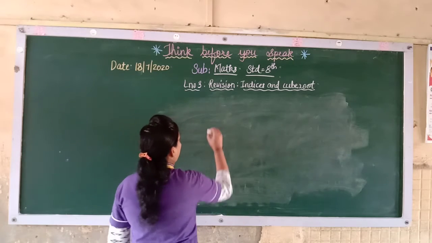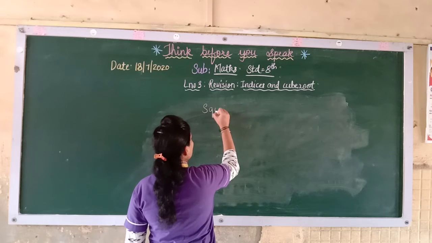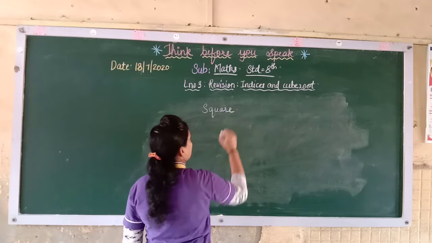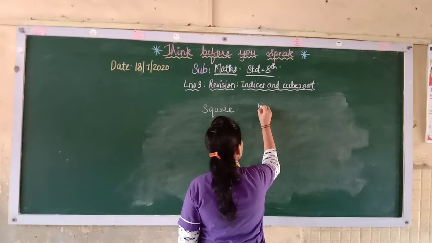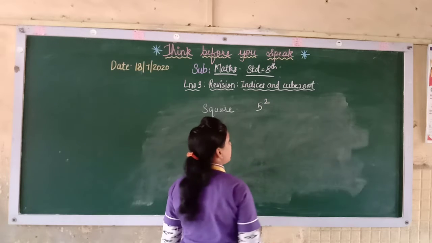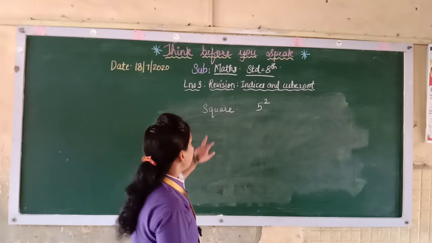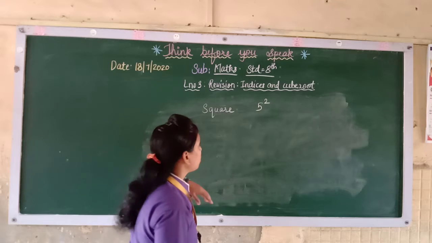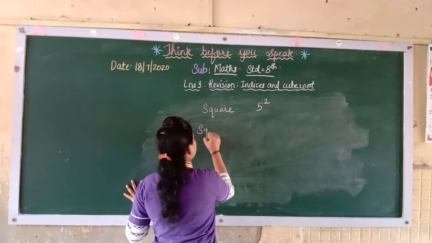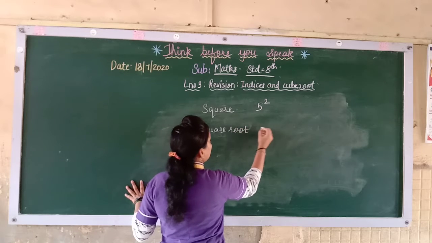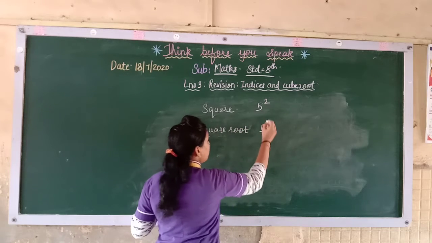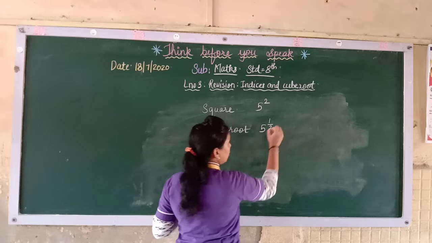For example, to show the square of 5 you write 2 on the upper side, but when you want to write the square root, you write 5 with 1 upon 2.